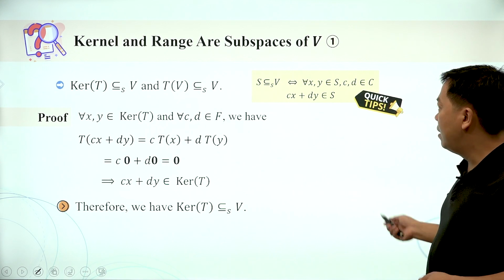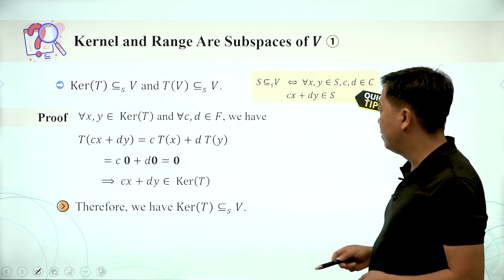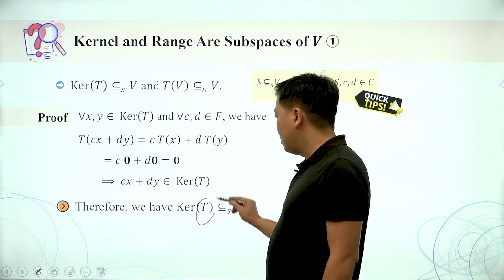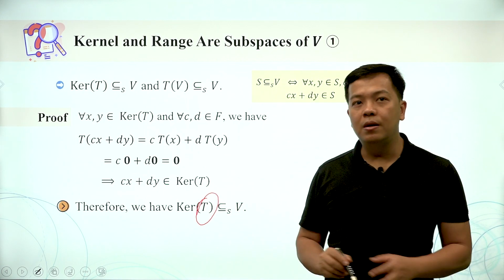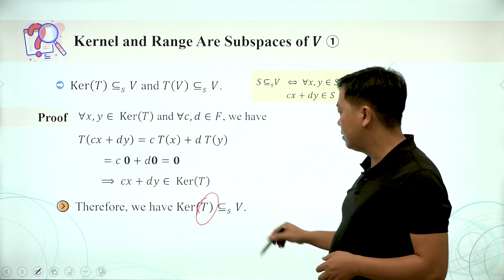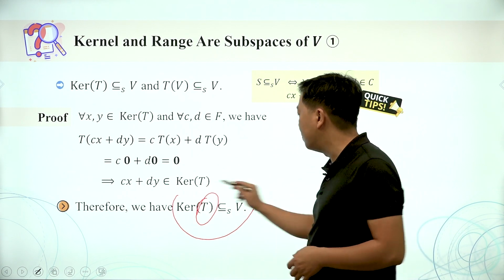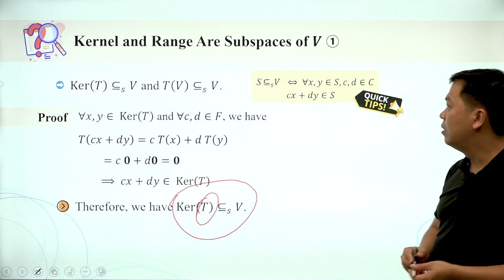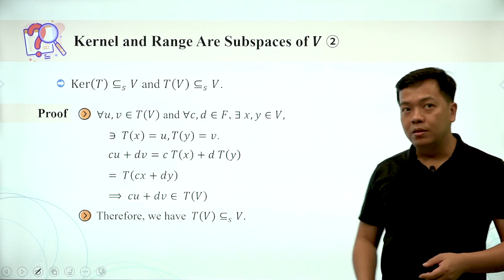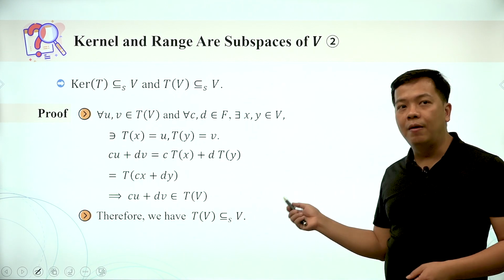So over here, the key point is that if we have a linear operator, it is a kind of subspace of the vector space V. After we take the kernel, we have the same formula, and this is the proof.